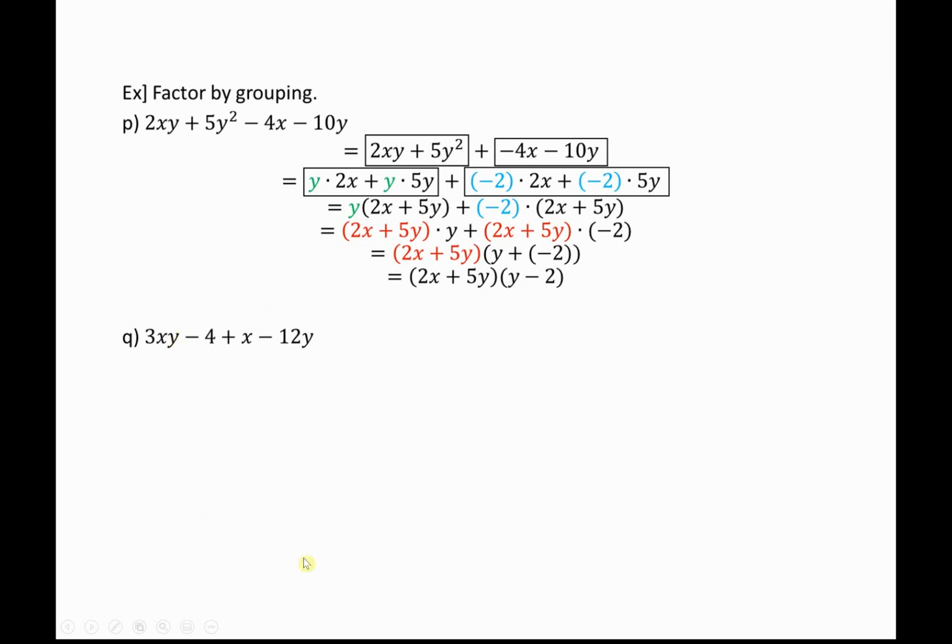Okay, example Q. We're going to keep our groupings. Or no, sorry, I went ahead and did a little switcheroo here. I forgot that I did that when I wrote this. I noticed that the first two terms have a GCF of 1, and the second set of two terms also have a GCF of 1.